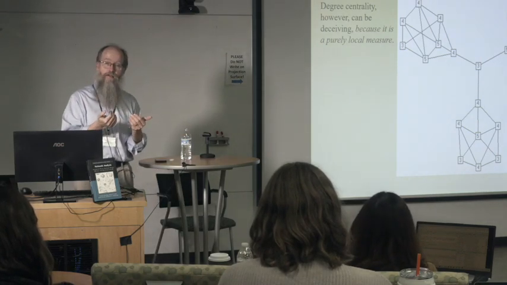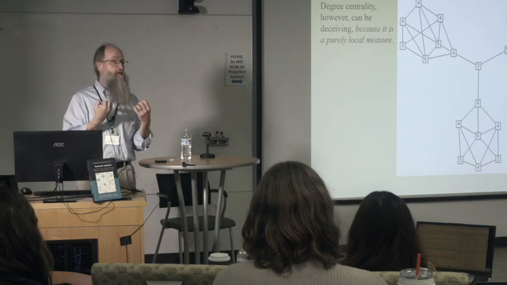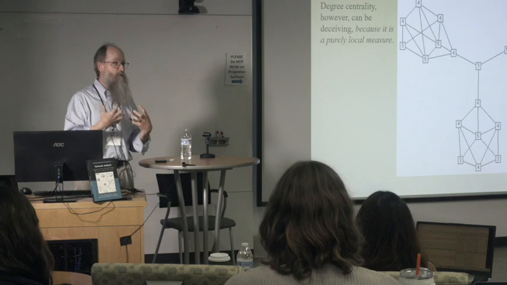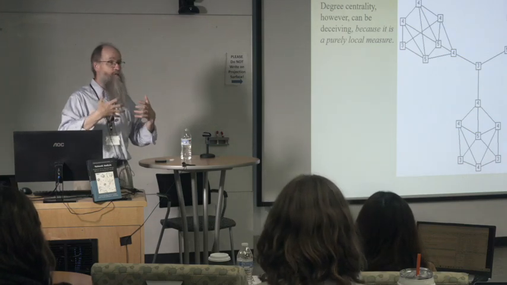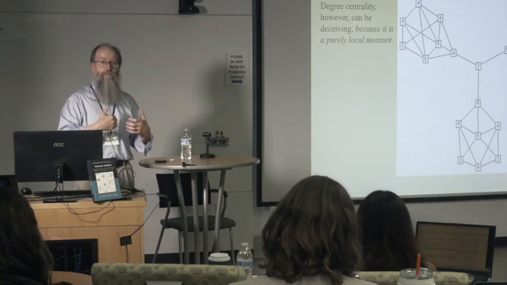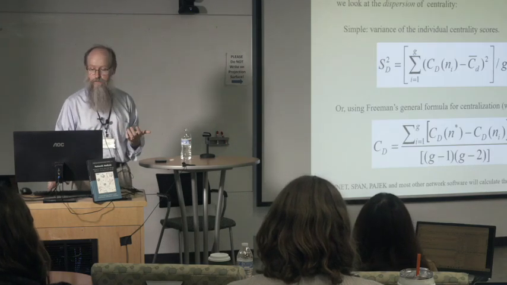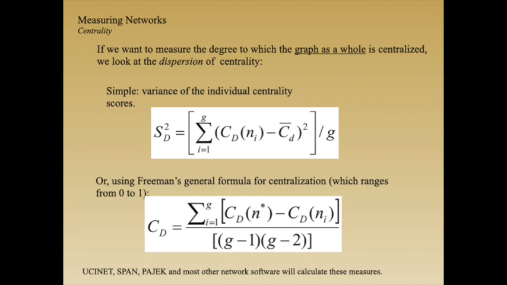I think particularly for negative ties: if I care about whether or not people are bullied, the number of times I've been bullied might really matter as an individual behavior, and the fact that I've been bullied by somebody who's also been bullied is much less interesting. But for information flow, it matters. All right. Once you have a centrality score on the node, you can characterize the system by centralization. So centrality is an individual-level score.